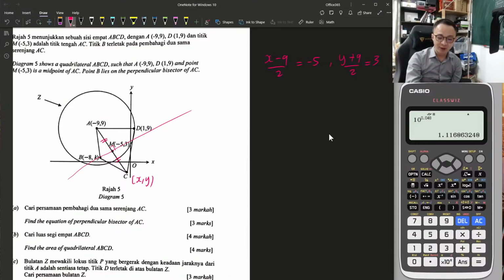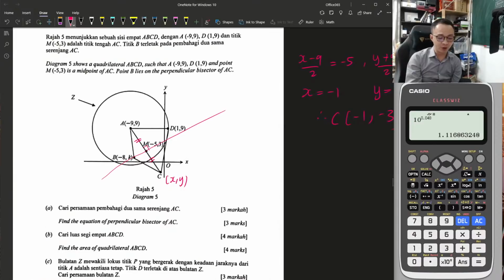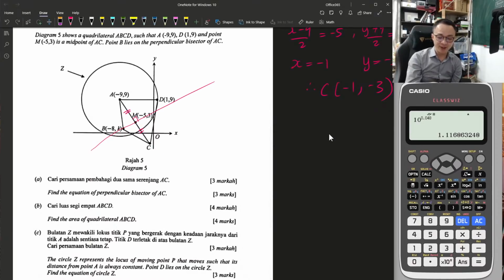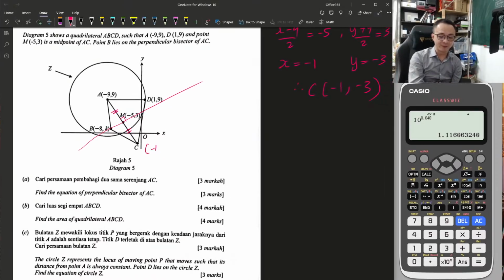Let's solve this. x equals -10 plus 9, which is -1, and y equals 6 minus 9, which is -3. So my coordinate C is basically (-1, -3). I might need to use it later. We do not know, but I just write it down first.